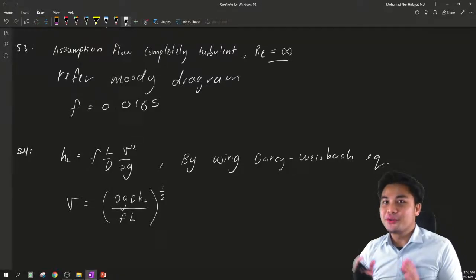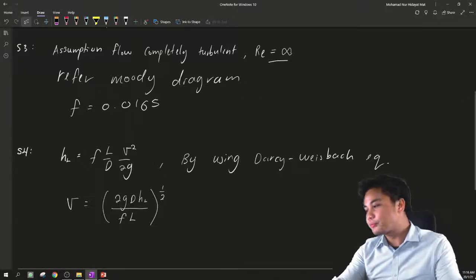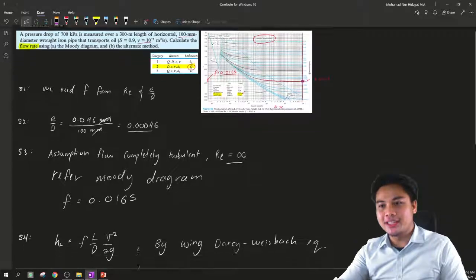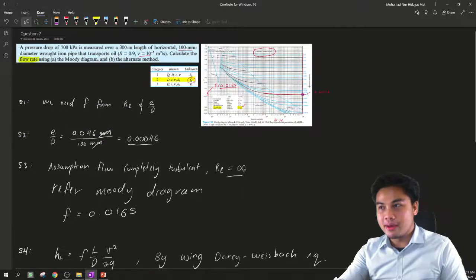So what you can actually do here is use the energy equation. I hope that you remember.